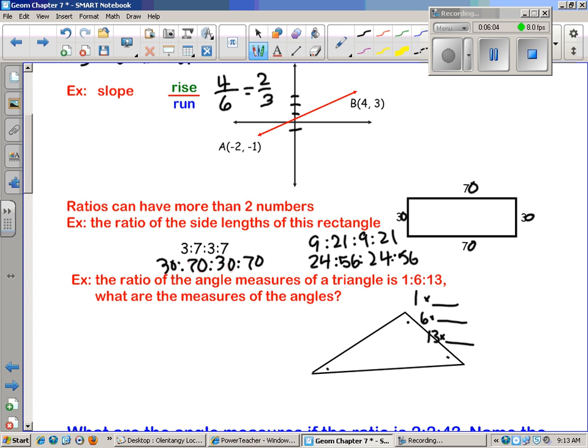So I get 2, 12, and 26. Is that the number? Okay, then let's try 3. If I put 3's in there, I get 3, 18, and 39. Is that the number? Does that equal 180? No. Do we want to keep going? Do we want to try 4 and 5 and 6 and 7 and 8 and 9? Like, that just seems like it would take a long time.